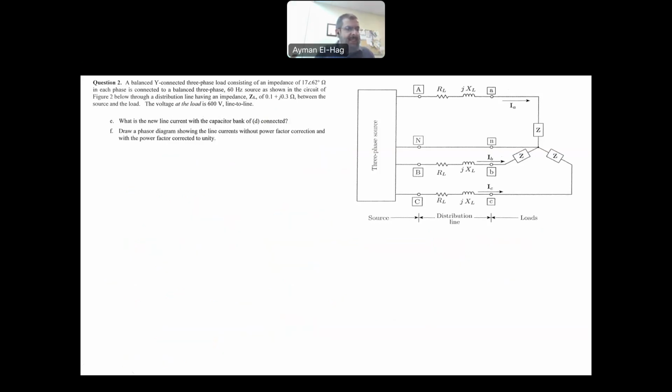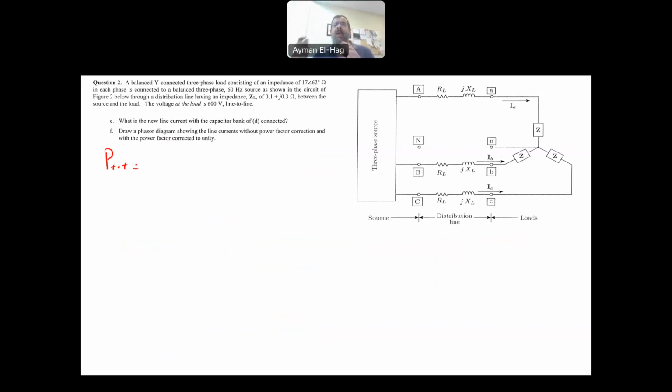Finally, what is the new line current? Okay, now for the two loads together along with the capacitor, we have only active power. We don't have a reactive power. And this P total will equal the power of the loads, because when you add the capacitor, you're adding a negative reactive power, but you are not adding any real power.